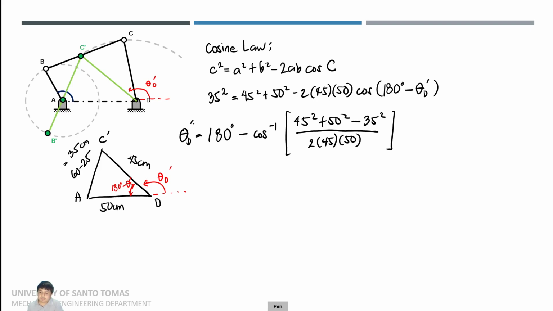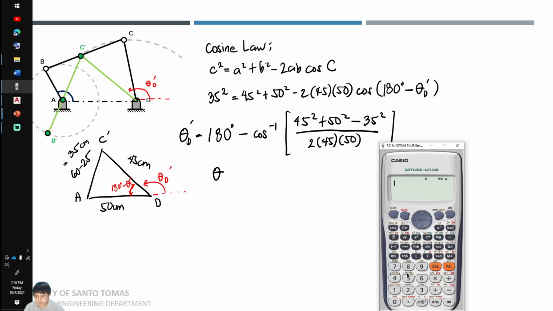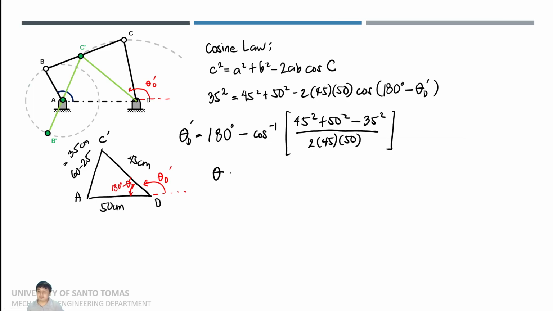This is a shortcut already, but you can solve this on your own. So theta will be 180 minus arc cosine of 45 squared plus 50 squared minus 35 squared, all over 2 times 45 times 50. The answer should be 137.